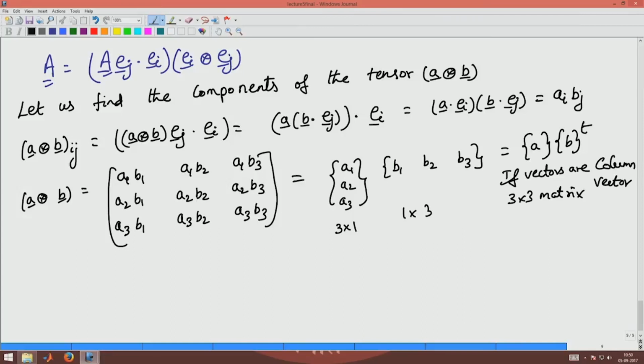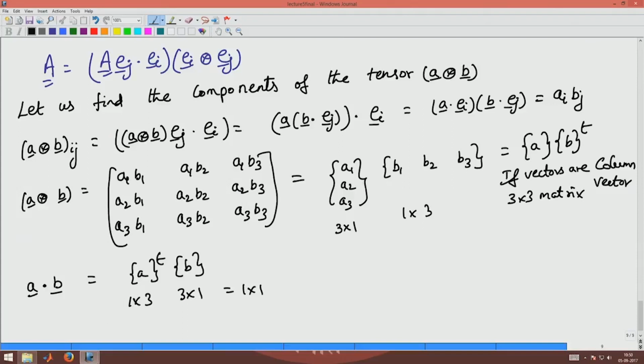In contrast, a scalar product between two vectors A dotted with B would be A transpose B. Here A transpose will be 1 by 3, this is 3 by 1, hence it is a 1 by 1 scalar value. So, that is what a tensor product means. Tensor product of two vectors is A times B transpose.